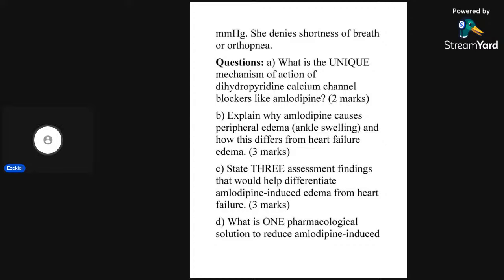In heart failure, the heart is not pumping very well, and the heart itself is accumulating fluid. In amlodipine edema, the heart is not accumulating fluid. The fluids are present in the interstitial spaces, because the vessels are dilated, more blood is there, and the fluid escapes from those veins into the interstitial spaces.